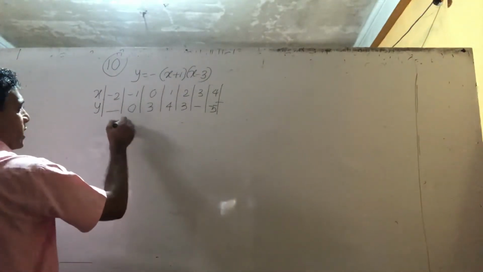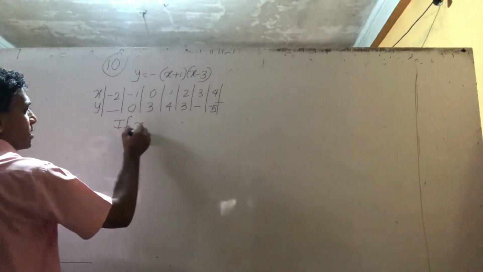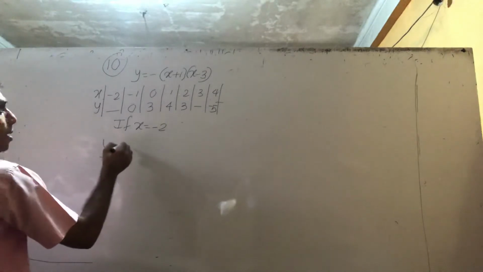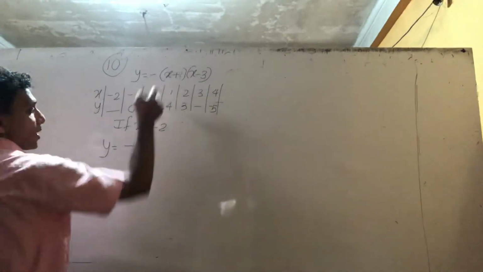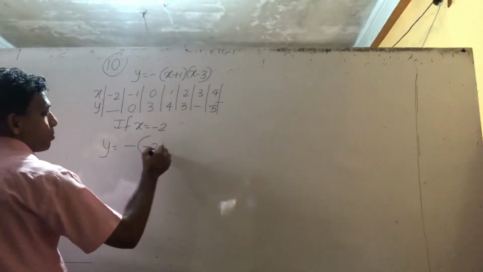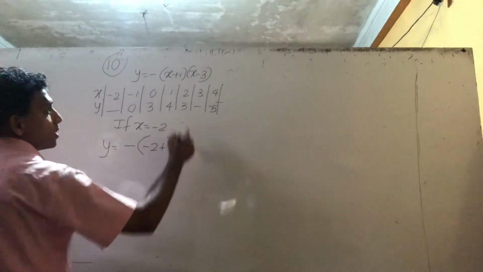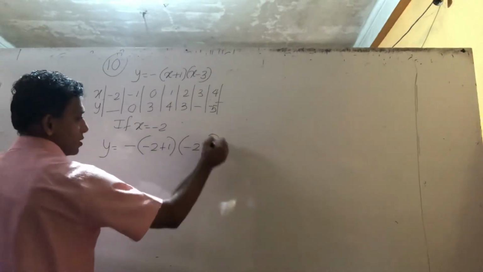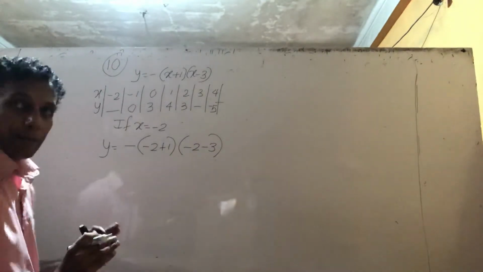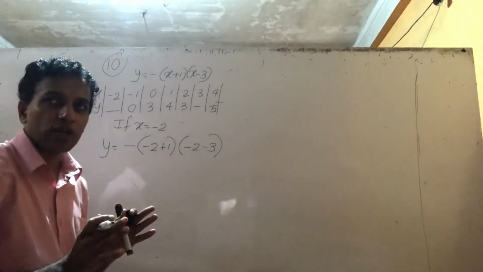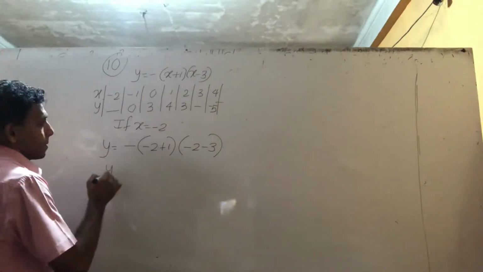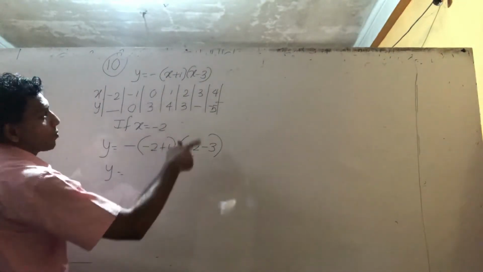So if x equal minus 2, what is y? y equal minus, put x for minus 2 plus 1. Here x for minus 2 minus 3 is your first step. Then use your primary work, addition and subtraction knowledge. x for minus 2 plus 1, right?